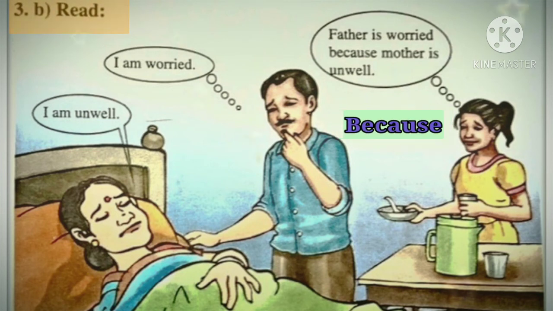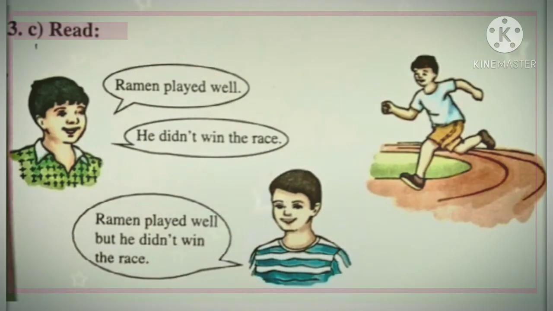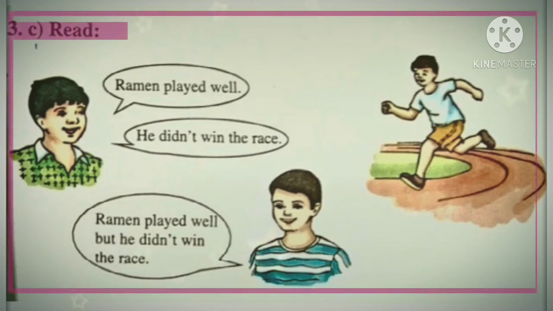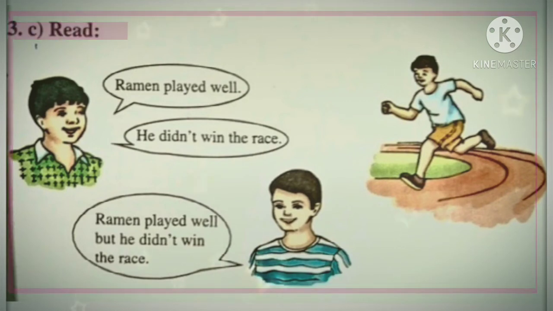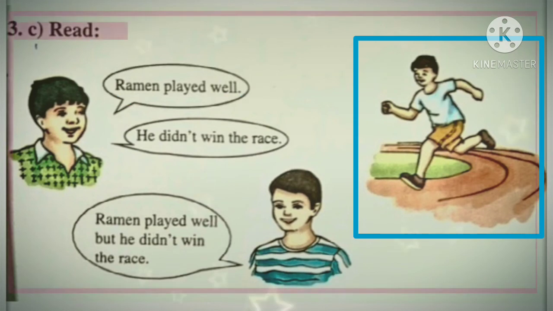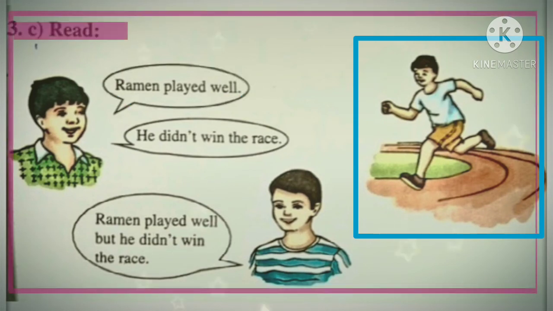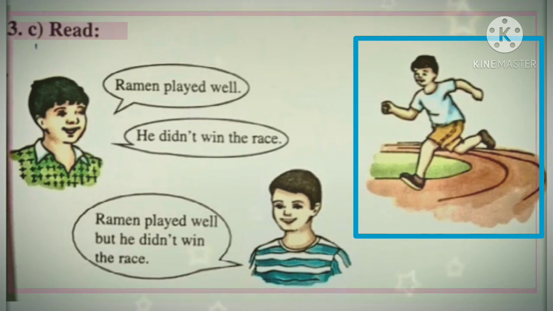Now let's see what's given in activity 3C. Read. Students, here again we are given few sentences to read. Let's read them first. Raman played well. He didn't win the race.